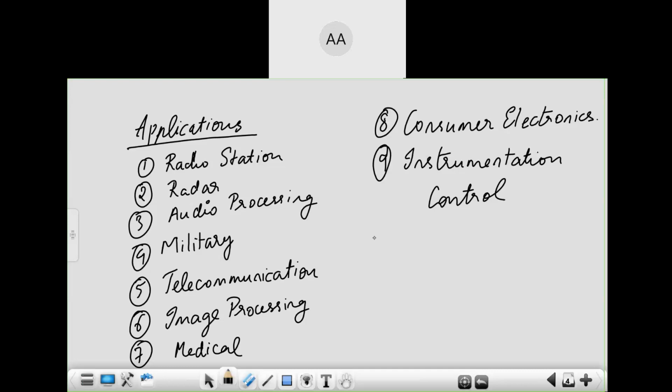Apart from this, as I told you earlier, since it operates at very low frequencies, it is very much used in seismology. They use DSP processors for identifying whether there is an earthquake, or to measure the signal strength and infer some information about it.